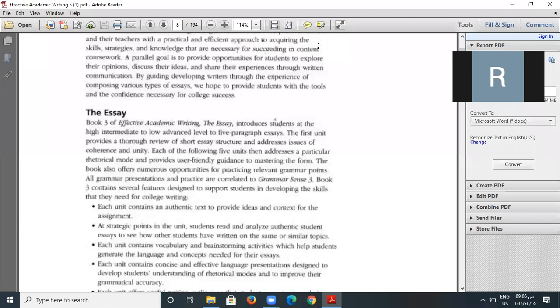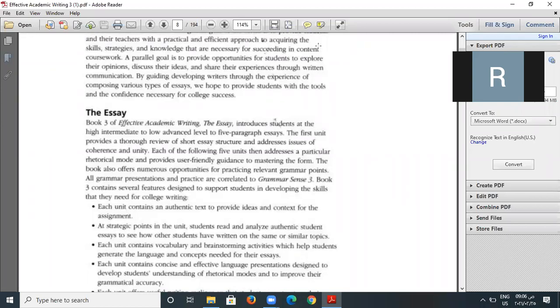We have about 5 units or chapters in the book. We will not be talking about all of them, but we'll be talking about 3 of them. We have 5 units with 5 different types of essays.